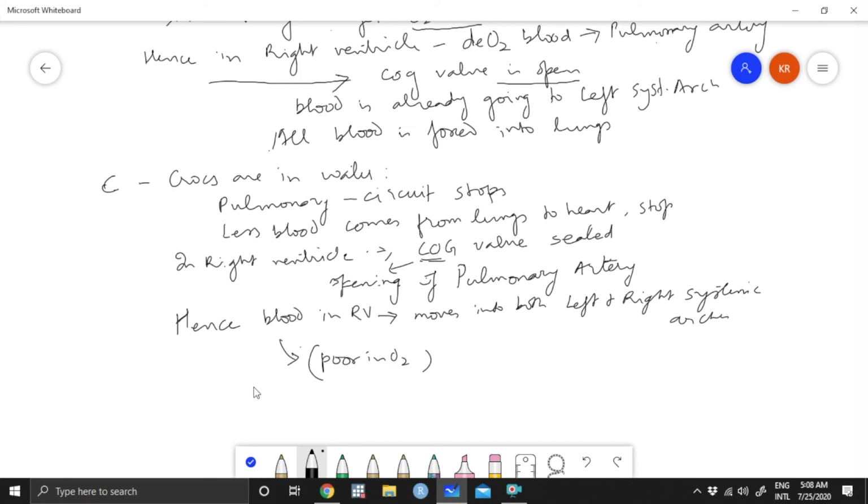So what happens inside the crocodile? What we should remember over here is that crocs are cold-blooded, or we use the word poikilotherm.